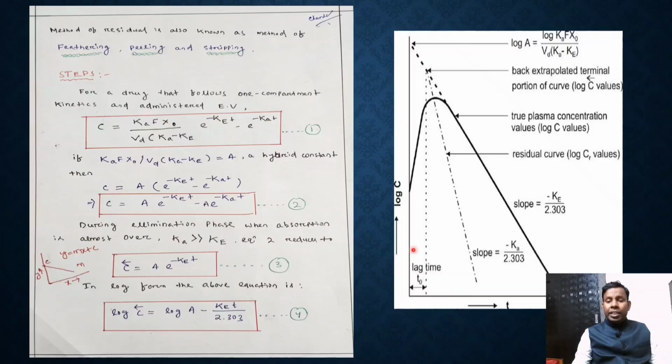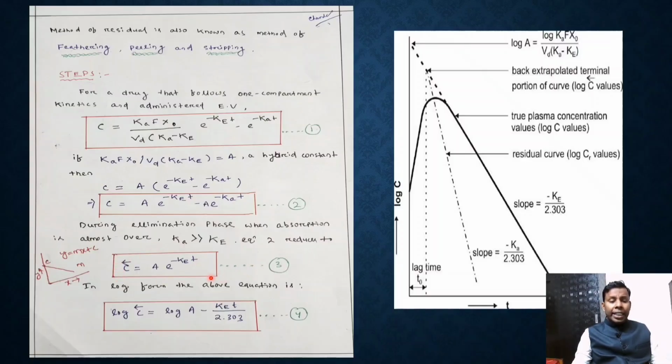In this graph there are 3 C's: C back, back extrapolated plasma concentration; C, our true or normal plasma concentration; and Cr, residual plasma concentration. This is equation number 3.